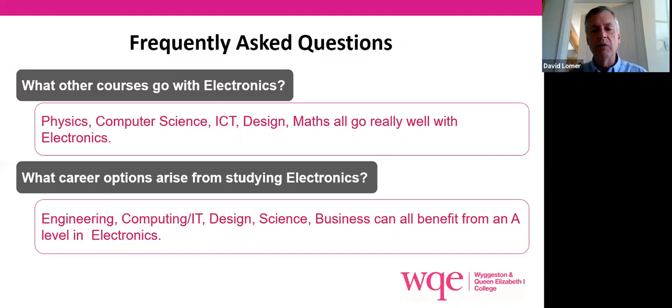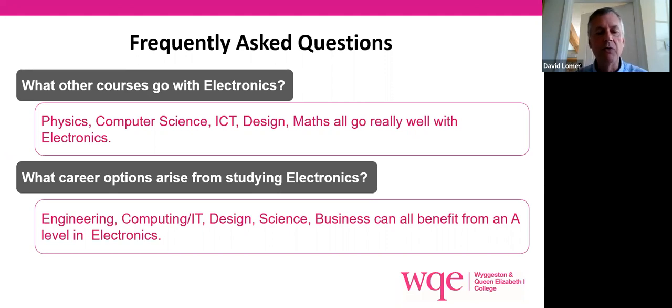And then you use that in your design to create a full electronic system. Other careers that it leads you into are things like computing and IT. Computing is the software side of it, and electronics fits very well with that, being the hardware side of the machine. And for IT, some of the time one aspect is looking at hardware, and electronics fits with that.